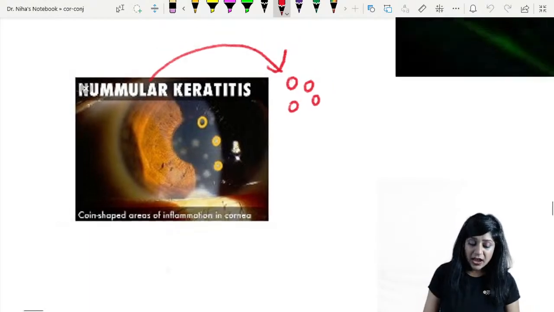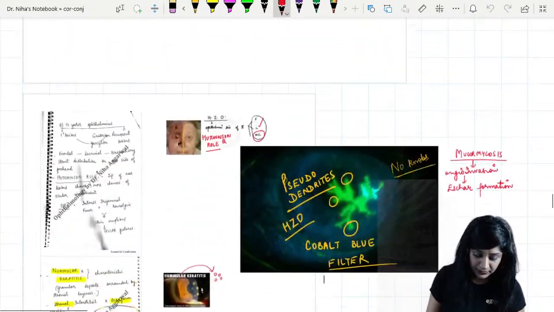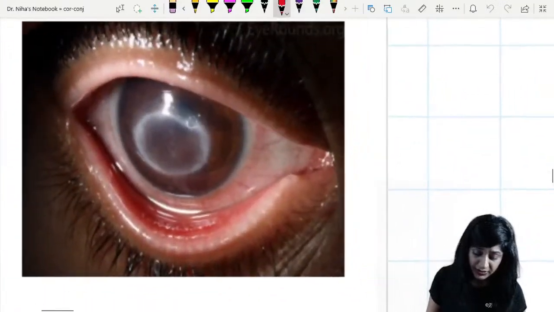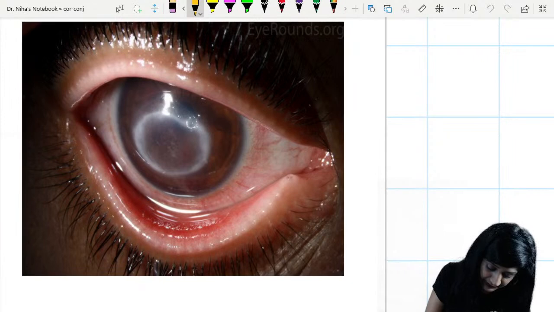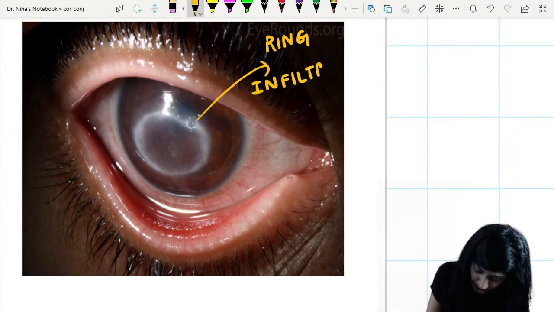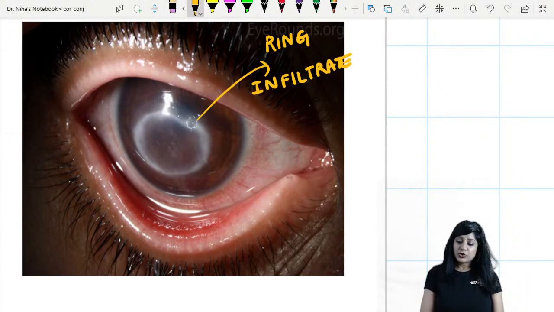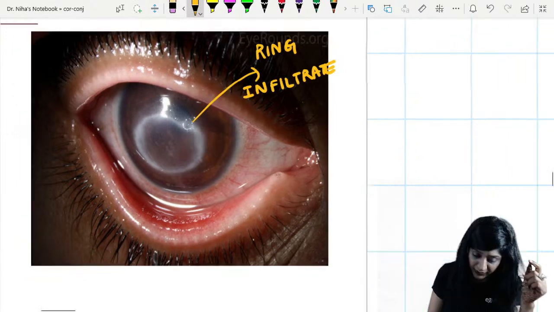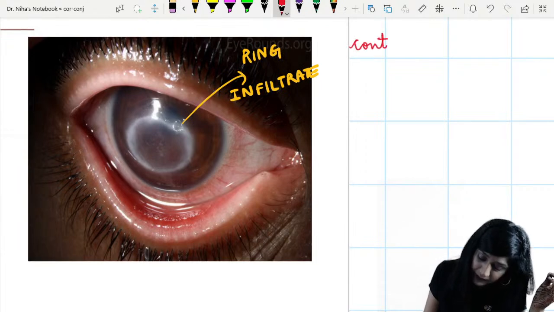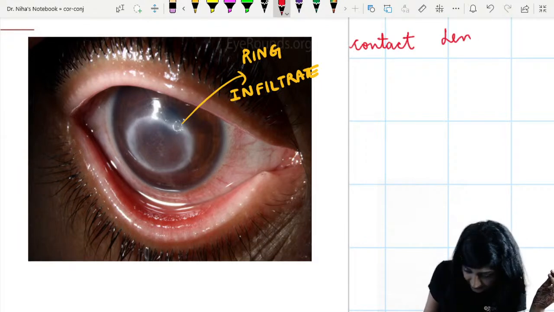Okay. Now if you talk about Acanthamoeba, the fourth kind of ulcer, here you get the typical ring infiltrate. Especially in a person who uses contact lenses.